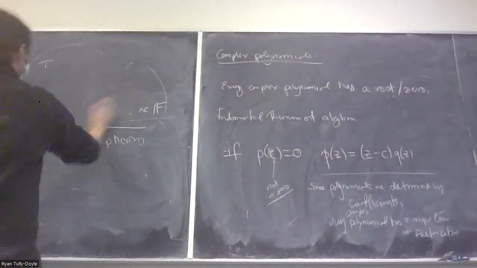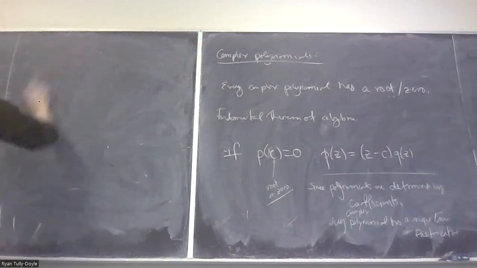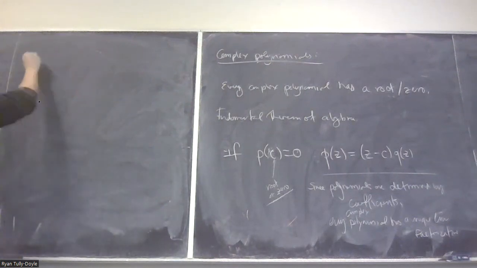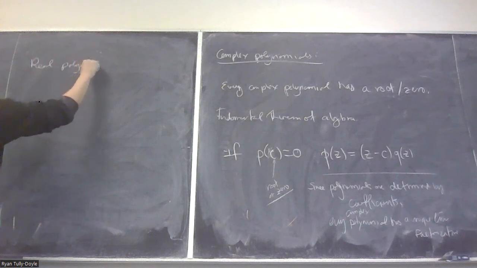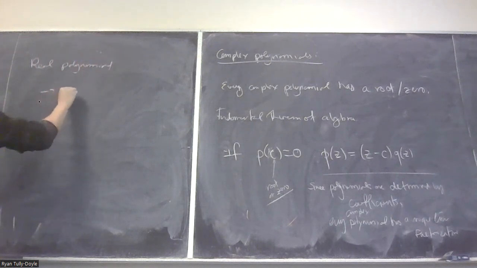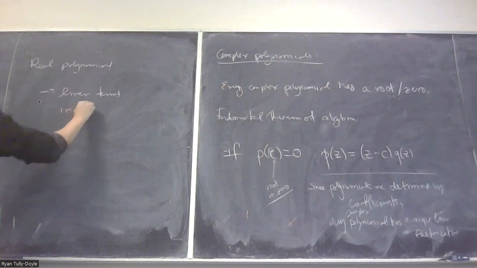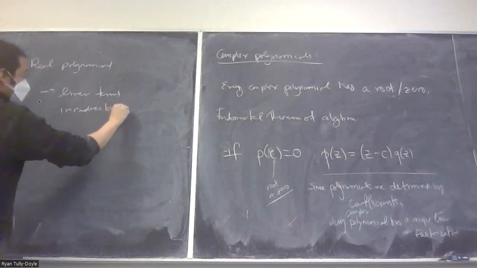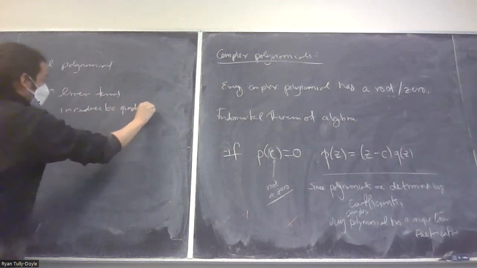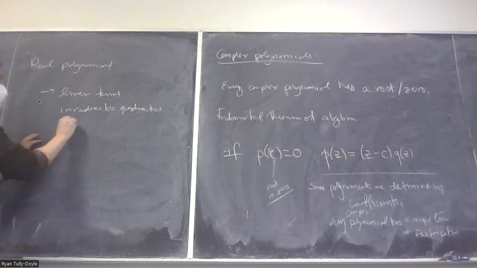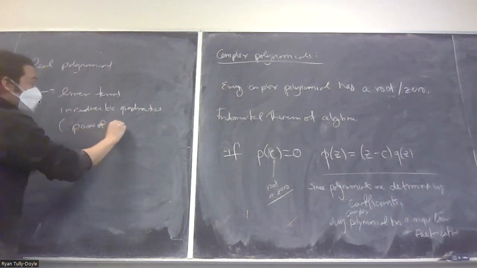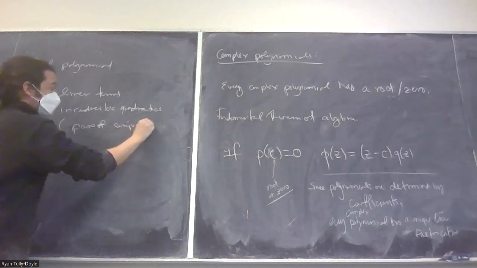The theorem in the reals is the corresponding theorem for real-valued polynomials. If we have a real polynomial, you get linear terms and irreducible quadratics, which you can think of as being pairs of conjugate roots.